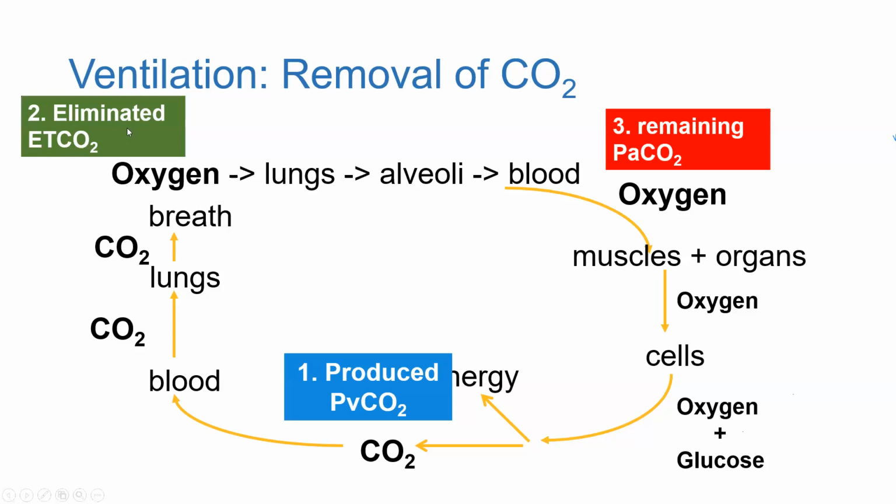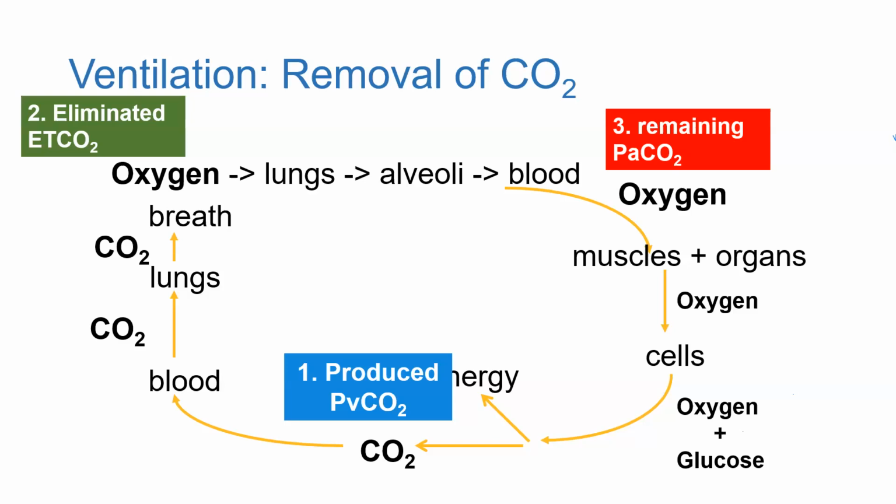End-tidal CO2 is measured by the amount of carbon dioxide that's being removed over the time that it's being removed. It's what we call a volumetric measure. When I am hypoventilating, it takes a long time for CO2 to be cleared.